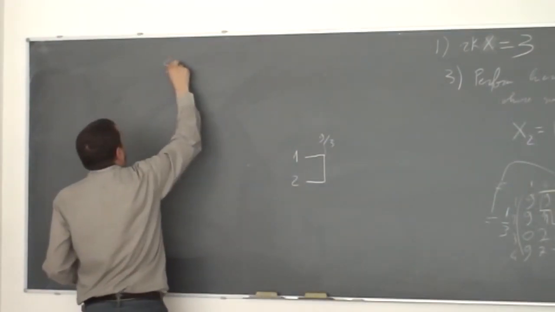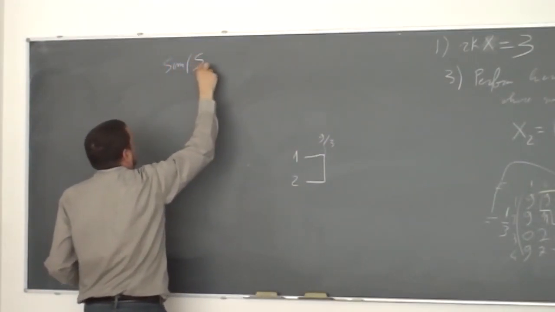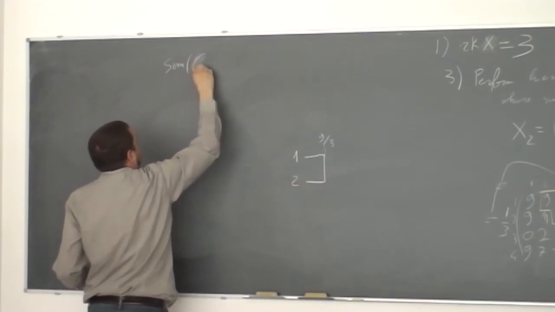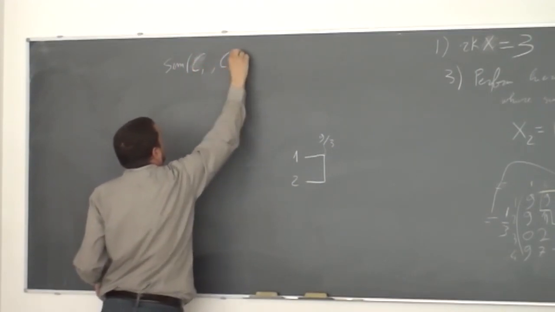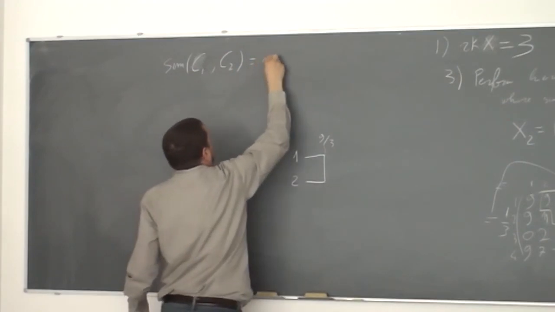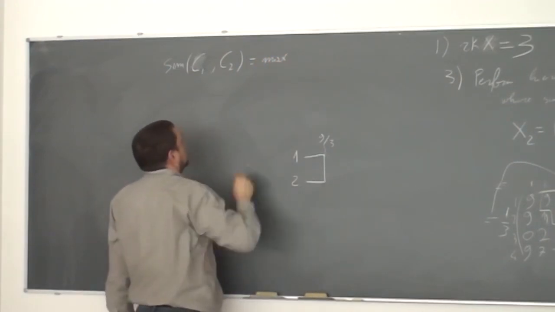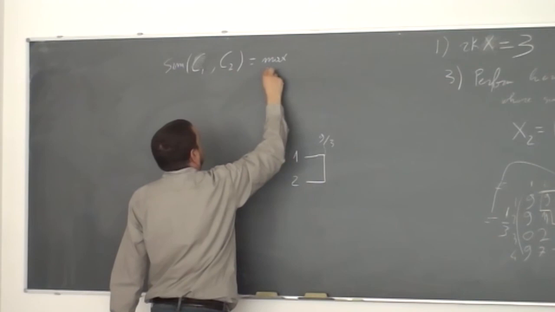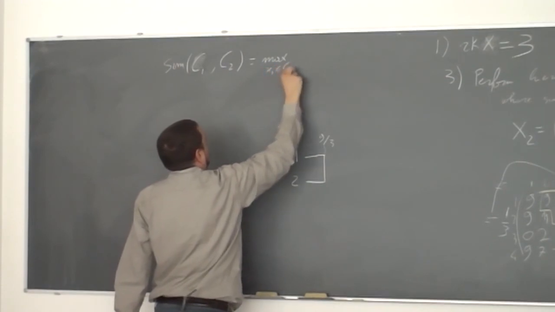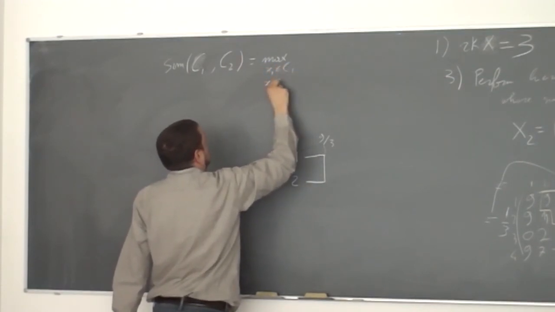So the similarity between, let's say, cluster 1 and cluster 2 is the largest similarity by taking an element in cluster 1, an element in cluster 2.